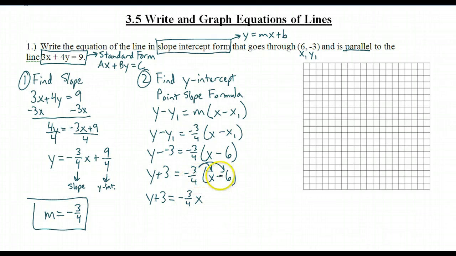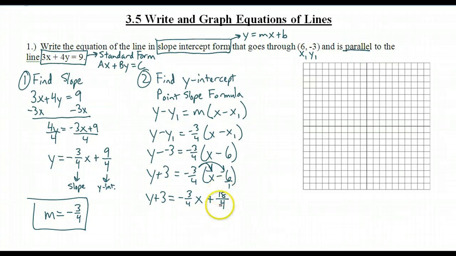Negative 3/4 times negative 6, well, a negative times a negative is going to be a positive. And 3/4 times 6, to multiply fractions, I multiply my numerators. 3 times 6 is 18, and I multiply my denominators. 4 times 1 is 4.